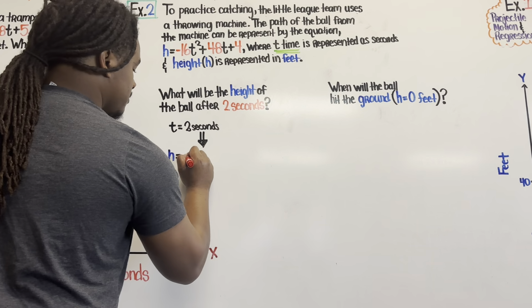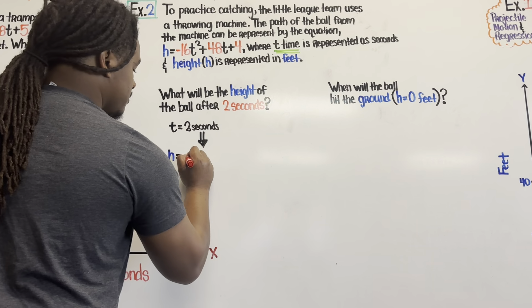negative 16 times t squared, which is going to be times 2 squared, plus 48 times, remember t equals 2, so 48 times 2, plus 4.